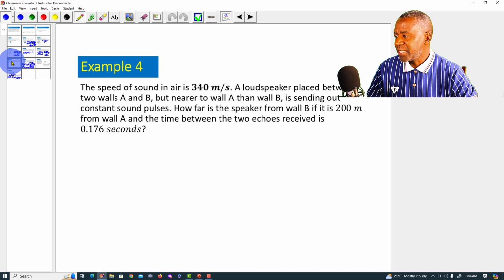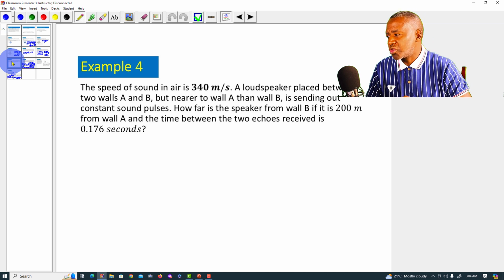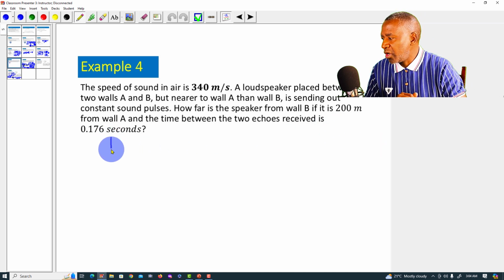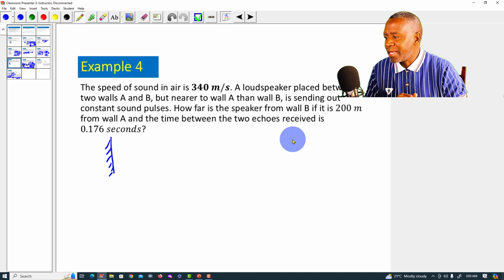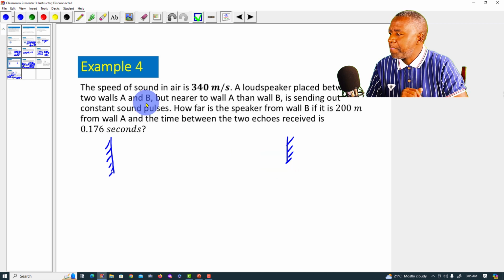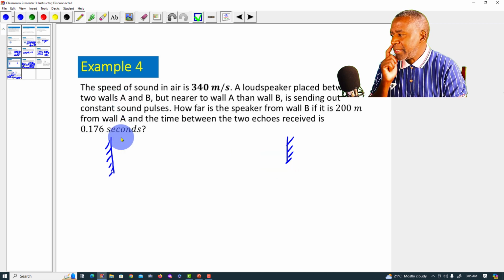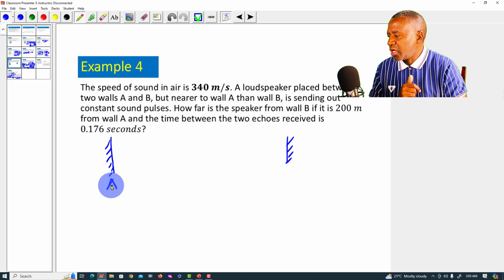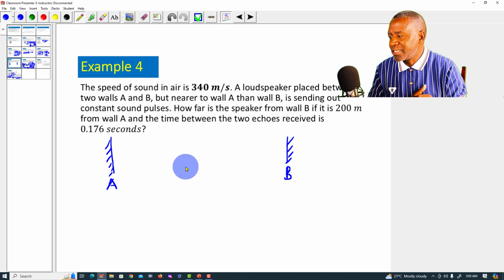The speed of sound in air is 3 meters per second. A loudspeaker is placed between the two walls. Okay, there is a wall here, and there is another wall here. Let's say this is wall A, this is wall B. And then there is a speaker in between them, but nearer to wall A. So the speaker will be somewhere around here.